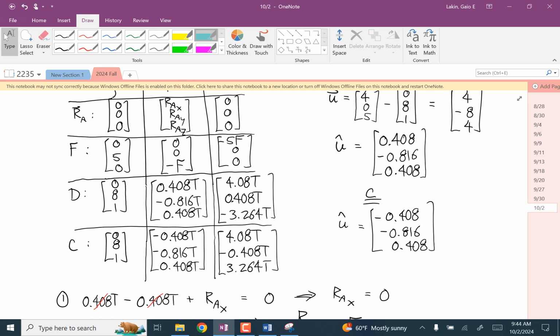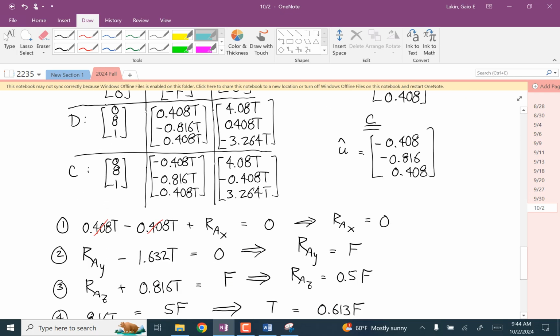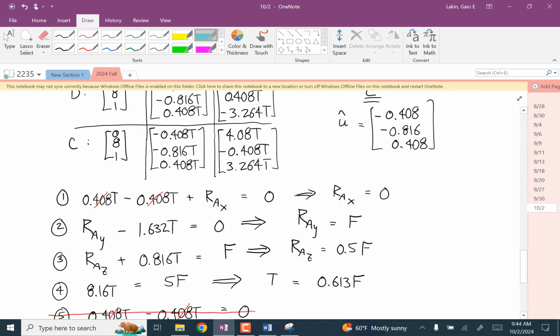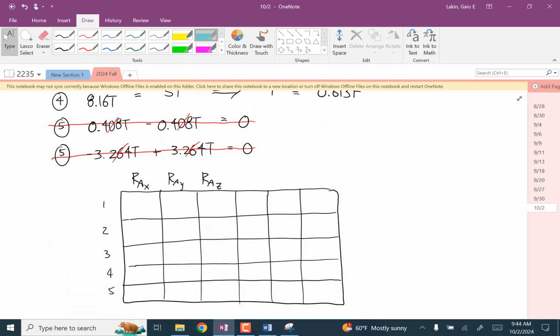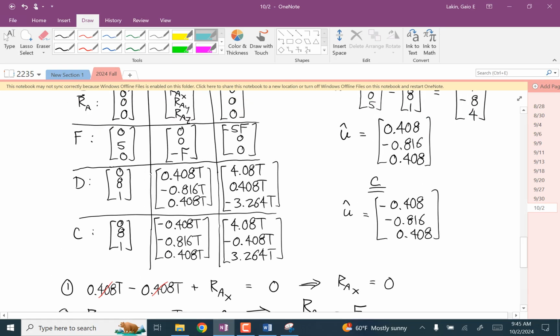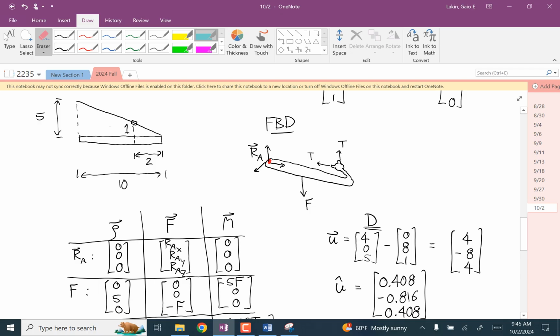Yeah, okay, so we only have 5 variables if you just look at the free body diagram.